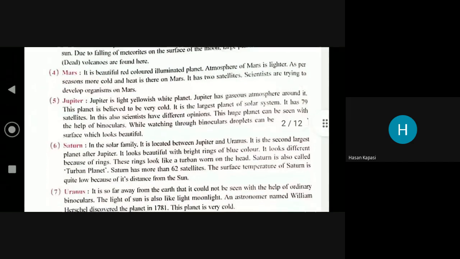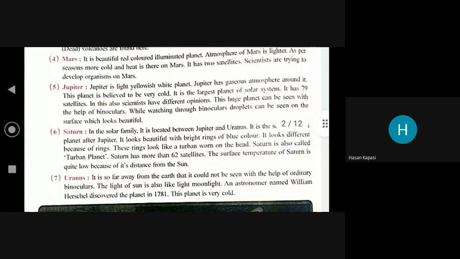Now Jupiter, Saturn, and Uranus. Jupiter is a light yellowish white planet. Jupiter has a gaseous atmosphere around it. This planet is believed to be very cold. And it is the largest planet of the solar system.